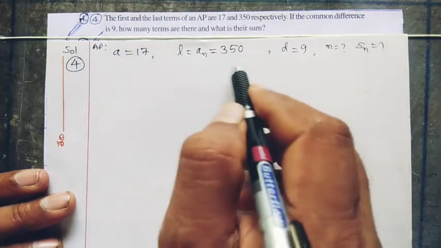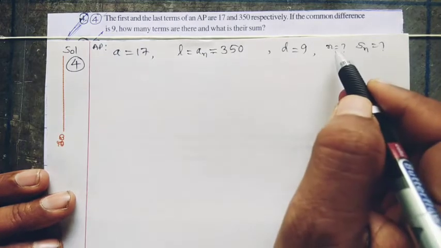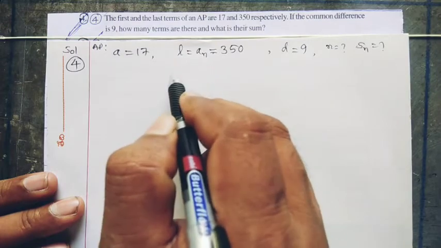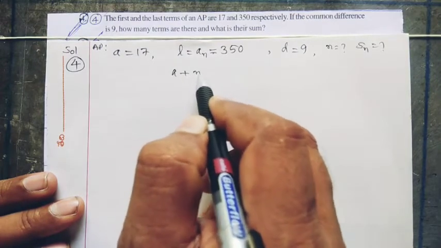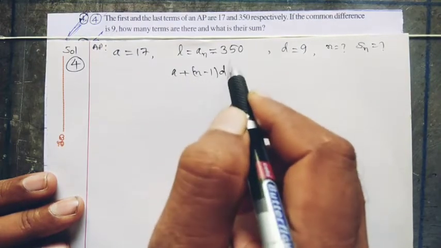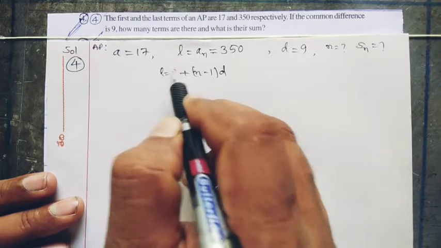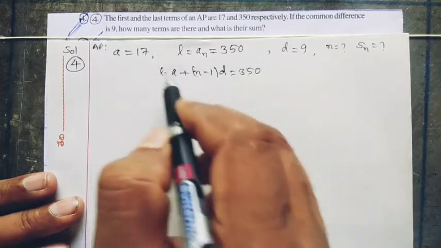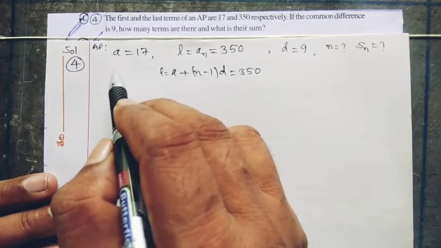So basing this we can find n terms and sum to n terms. L is equal to last term, A plus n minus 1 into D. This is last term. L is equal to given 350. In this we have to substitute these values.